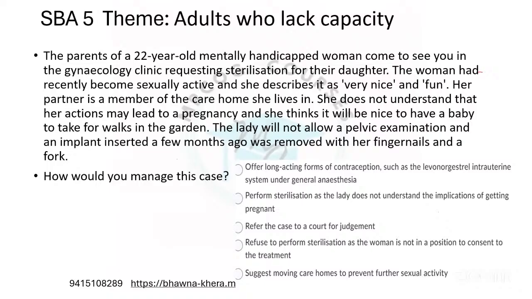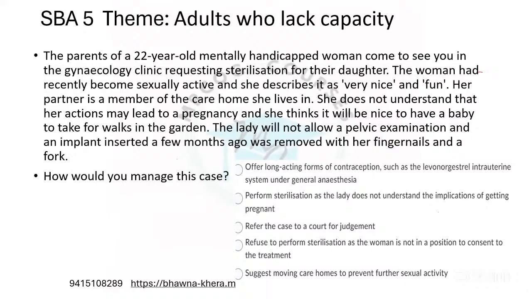So the correct answer, we have discussed this previously, that whenever we have to go for any permanent procedure, right? Because sterilization is relatively permanent. Reversal is there, but obviously this is like taking a permanent kind of decision. So you need to go to the court for judgment.